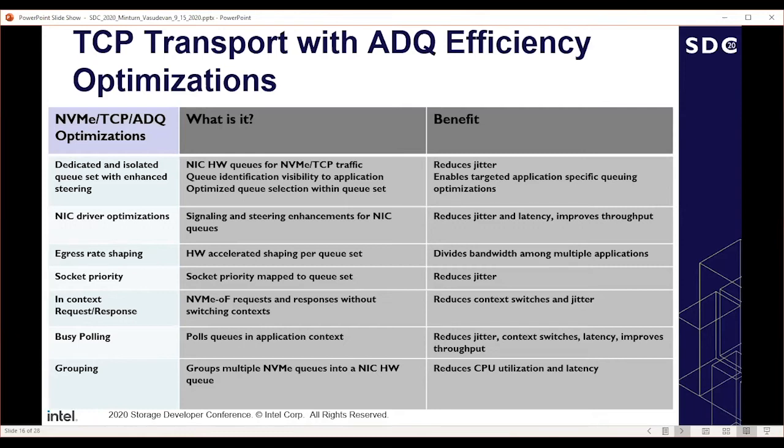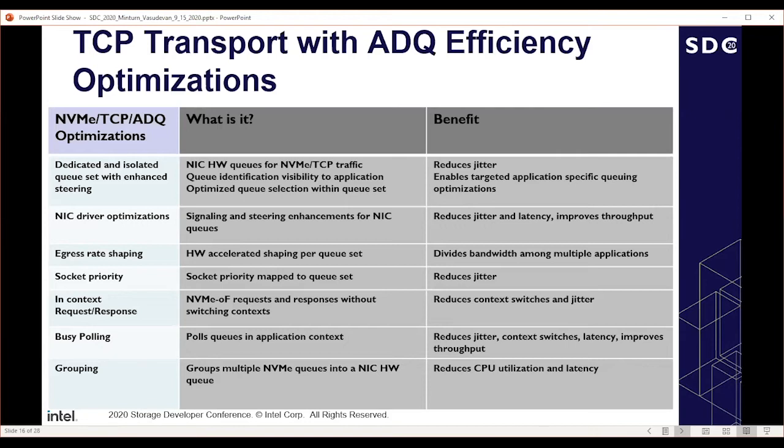So like was mentioned earlier in the ADQ introduction, ADQ provides a dedicated and isolated queue set, in this case for NVMe over TCP. This ensures that only NVMe TCP traffic gets steered to this queue set.